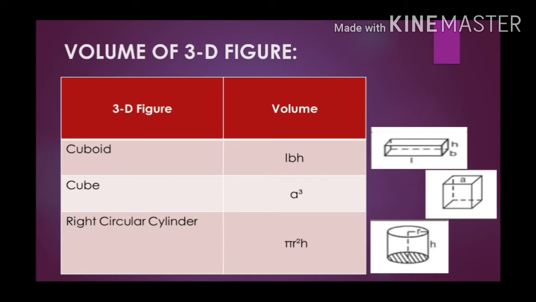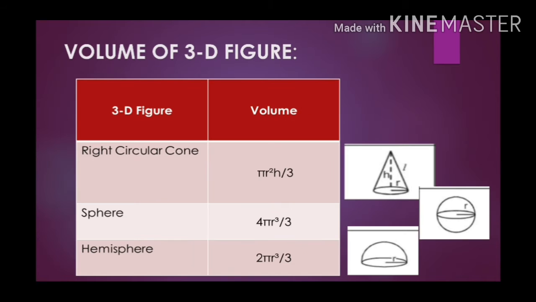For a cuboid, the volume is length into breadth into height. For a cube, the volume is side cube. For a right circular cylinder, the volume is pi r square h, where r is the radius of the base and h is the height of the cylinder.